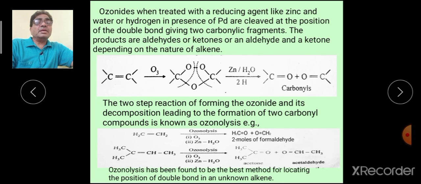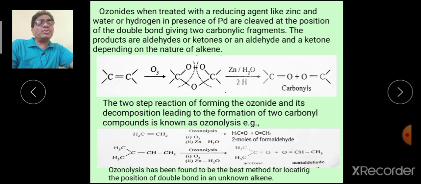Here alkene on ozonolysis gives two carbonyl compounds, two molecules of formaldehyde. Here the alkene is different, therefore one product will be ketone, another will be aldehyde. This is aldehyde, this is a ketone on ozonolysis.